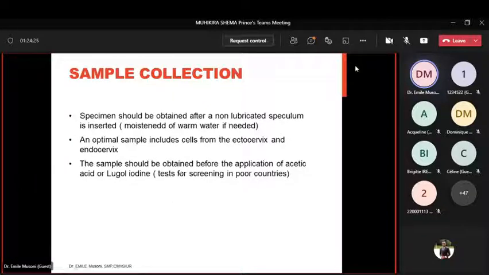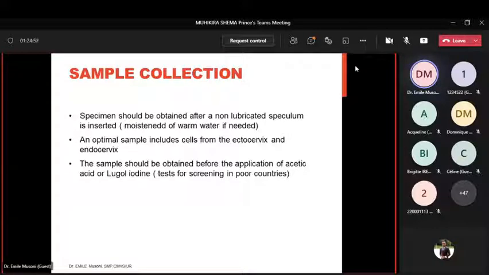So a sample for pap smear should be obtained before application of acetic acid, because if you put the acetic acid and then collect the sample, the cells will be obscured by the acetic acid.